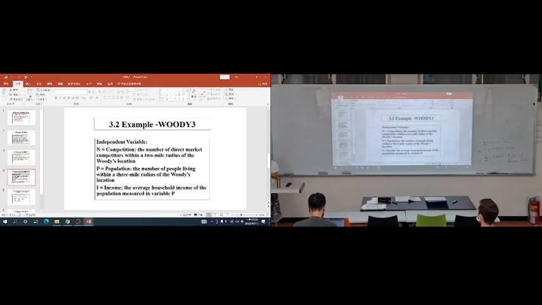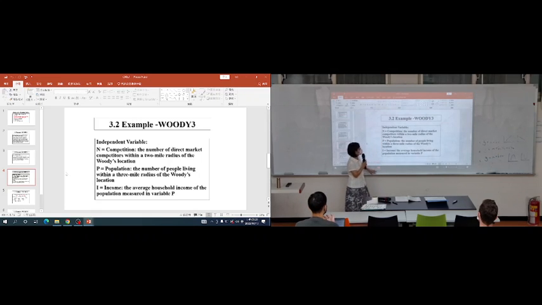By the way, this is the independent variable, according to the literature, and they're choosing 3 independent variables. The first one is called competition. For every variable, you need to define that variable clearly in order to collect the data. If you don't have any definite definitions, it's hard to collect the data.